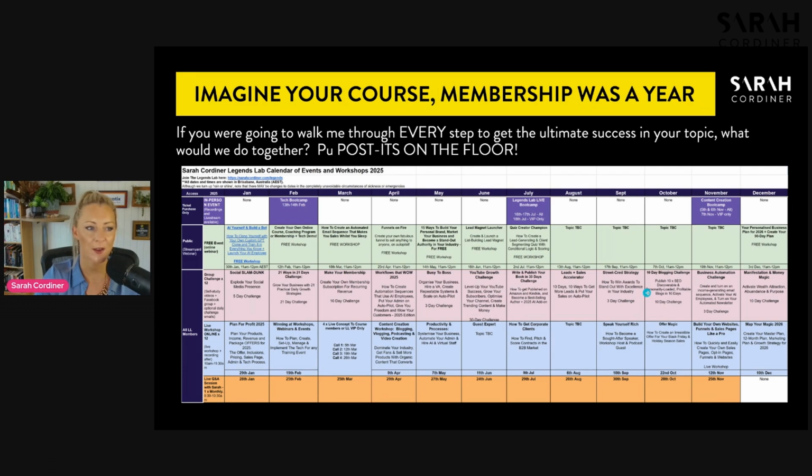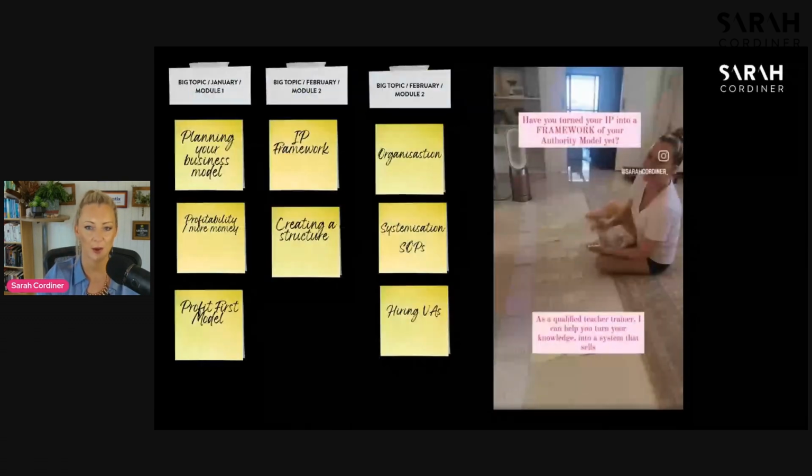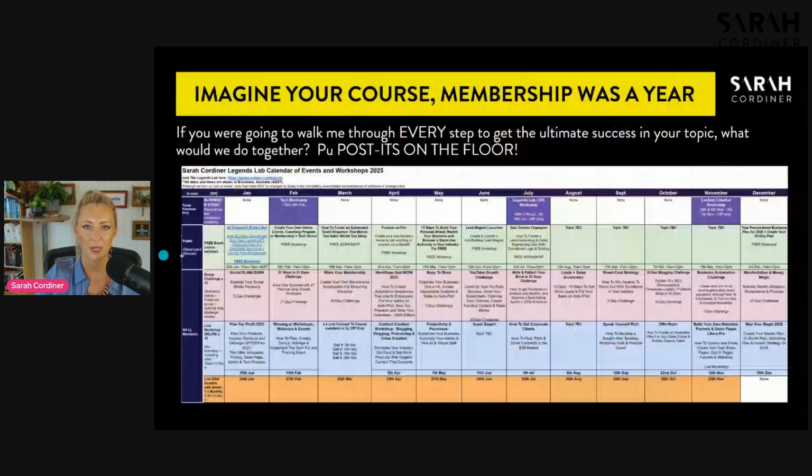For instance, my green section up here might be lead generation. I have chosen a post-it note from my floor exercise back here, and I've taken 12 of those to be free public workshops, exactly what you're on now.